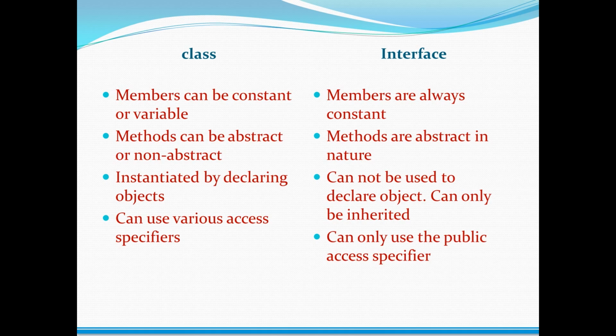In a class we can instantiate an object, whereas an object cannot be declared in an interface. In a class we can use various access specifiers, whereas an interface must have a public access specifier. We cannot create it with any other access specifiers.